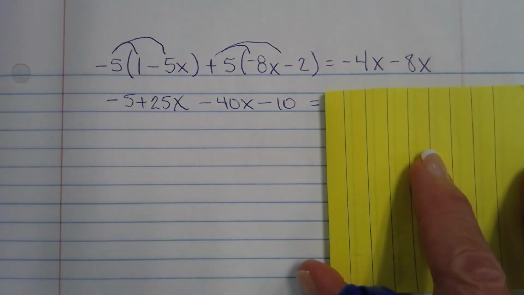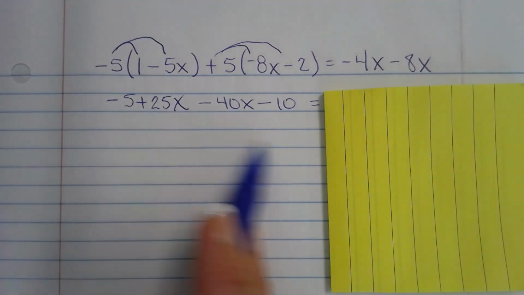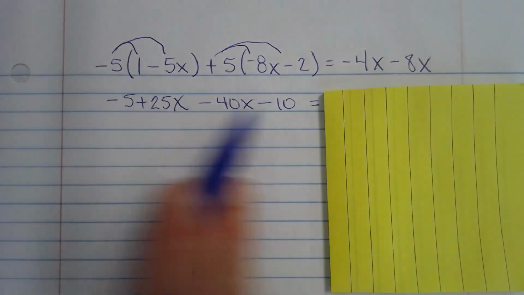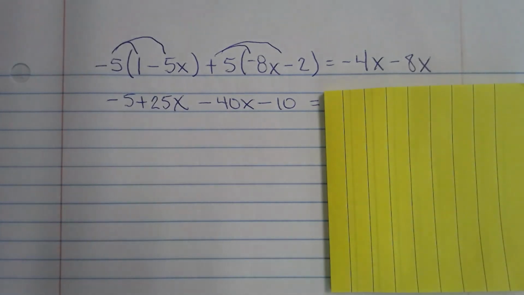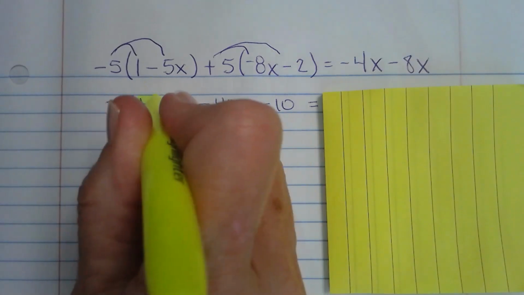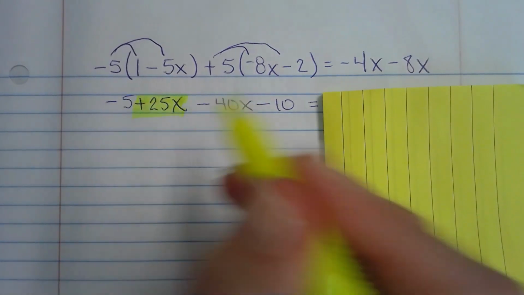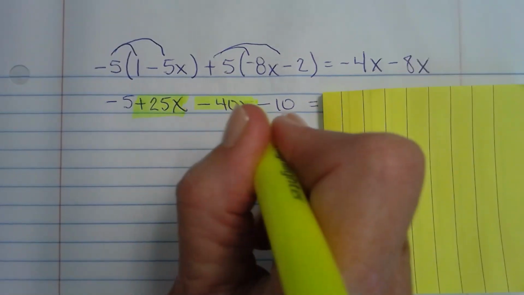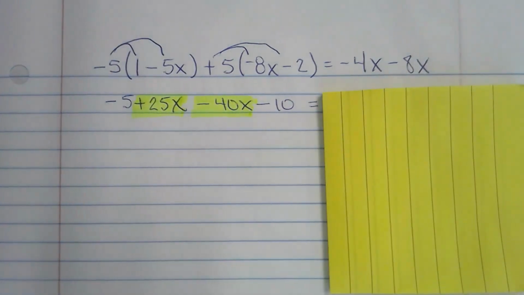I'm going to cover this up so I'm not worried about it. Tell me what I can put together here. What can I combine on the left side? Positive 25x, negative 40x.